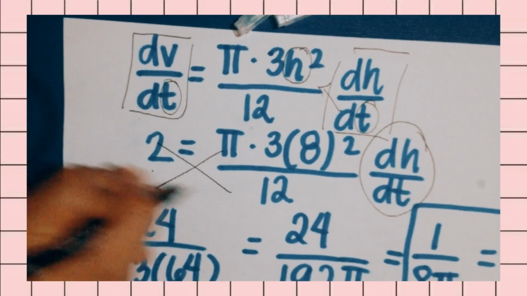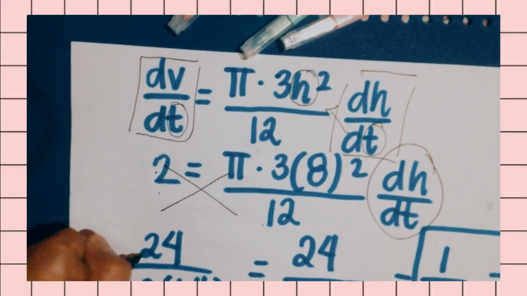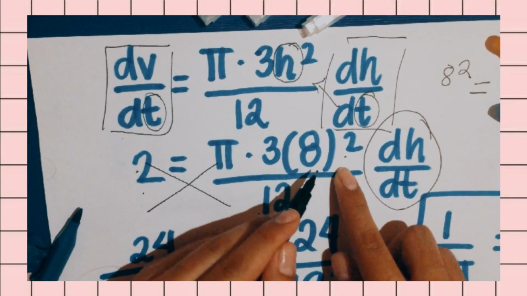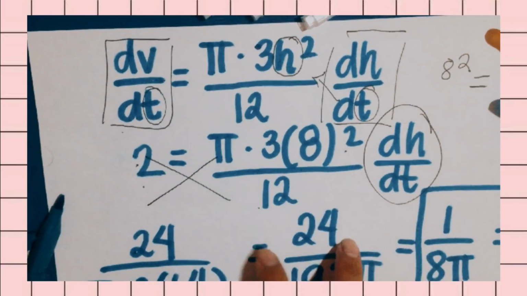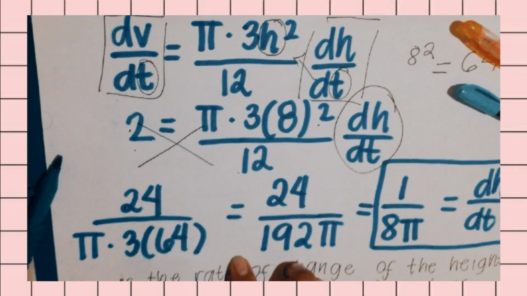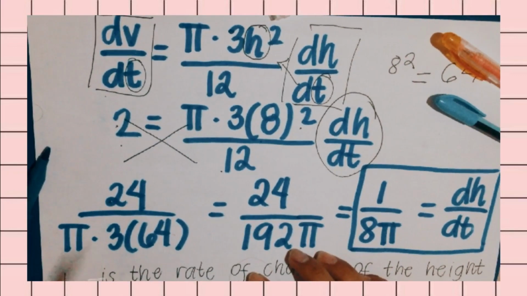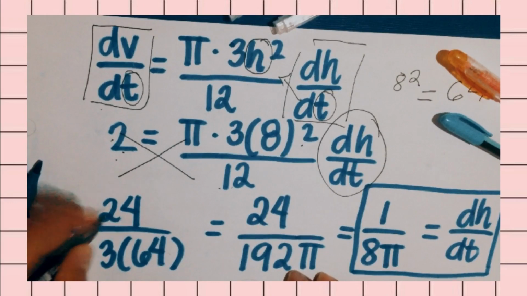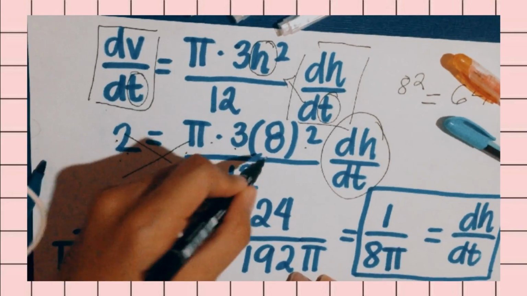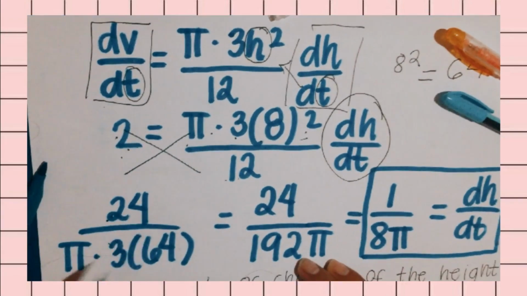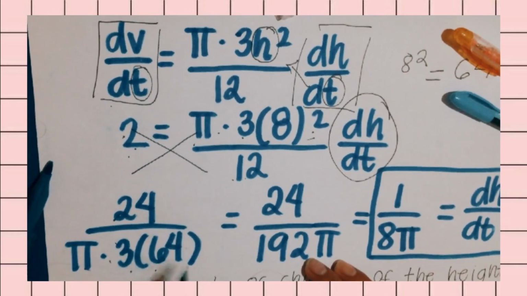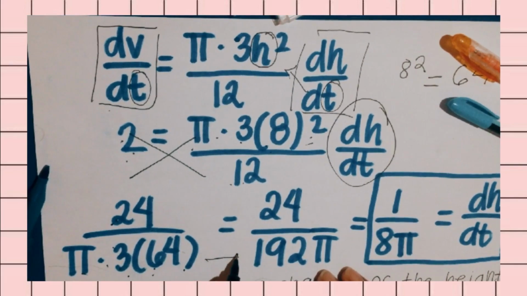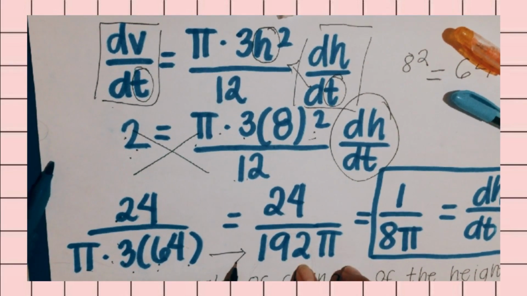So 12 times 2 is equal to 24, and the result of 8 squared is equal to 64. So let us use the cross multiplication. 12 times 2 is equal to 24, and pi times 3 times 8 squared is equal to pi times 3 times 64. So 3 times 64 is equal to 192.